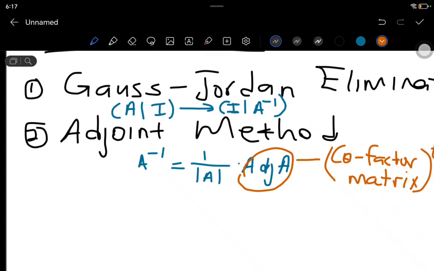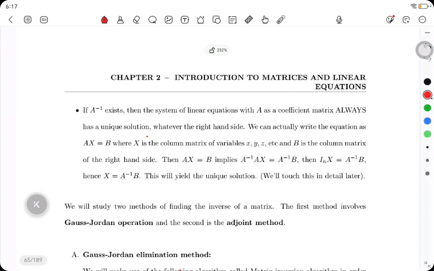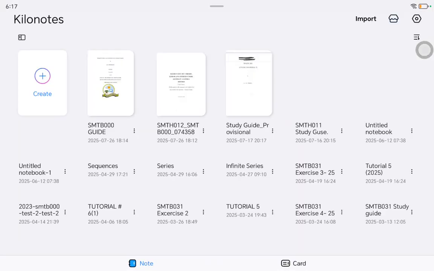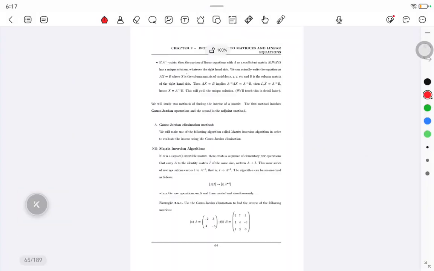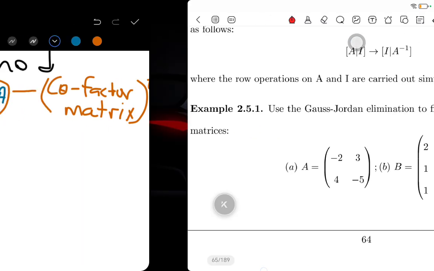When we look at Gauss-Jordan, we have an example where B is equal to the matrix 2, 7, 1, 1, 4, minus 1.